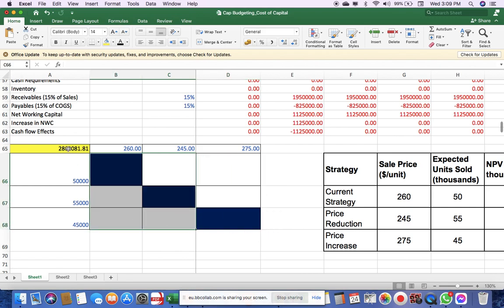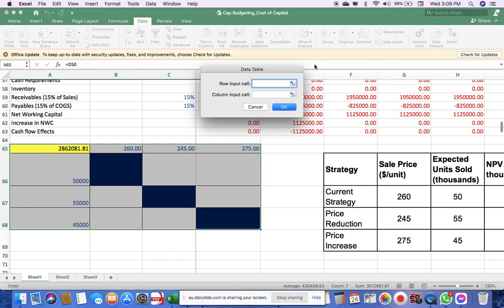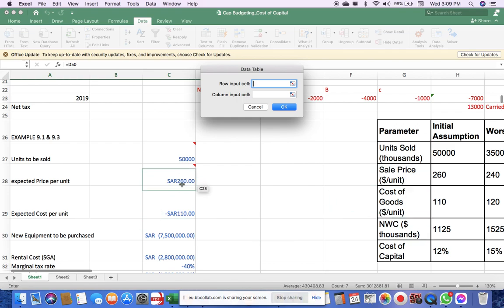How do we do that? Select the range of data. Then go to Data, What-If Analysis, Data Table. It's asking you in the row what you want to change. In the row we have shown the selling price, so go to the input area where you got the input, and select that.